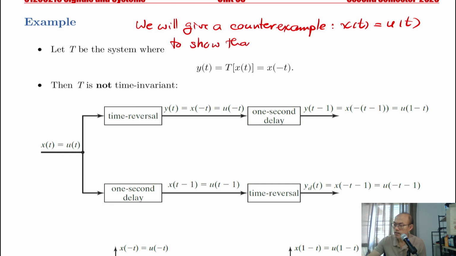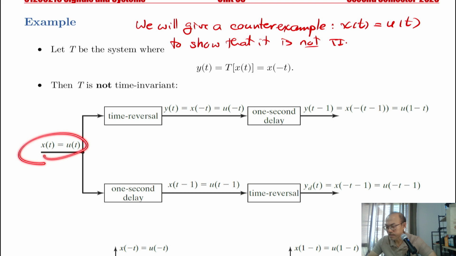that it is not time invariant. So I'm going to let x equal to u. So I'm going to give u to the system, right? Now, the trick is to draw this diagram.